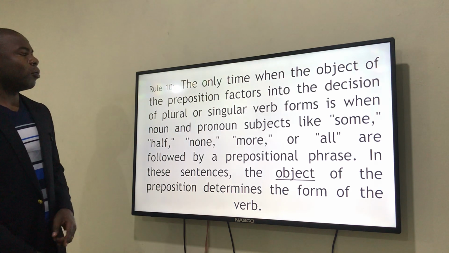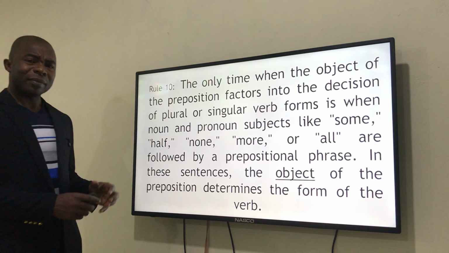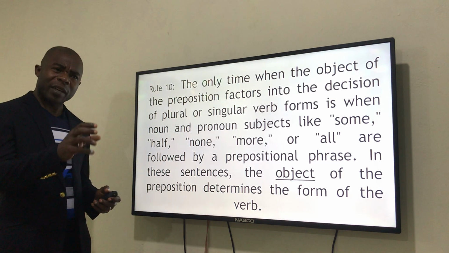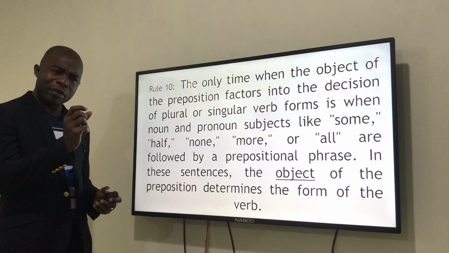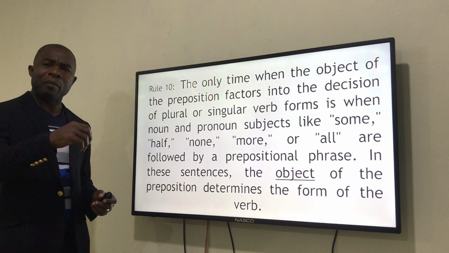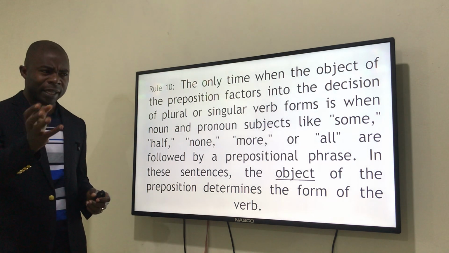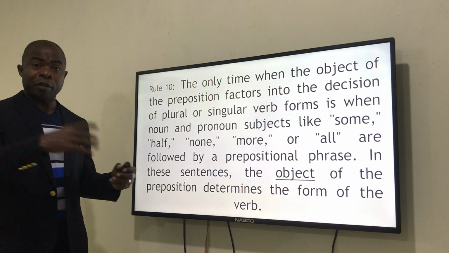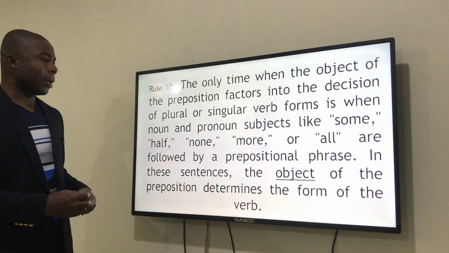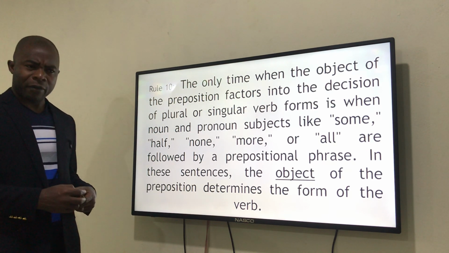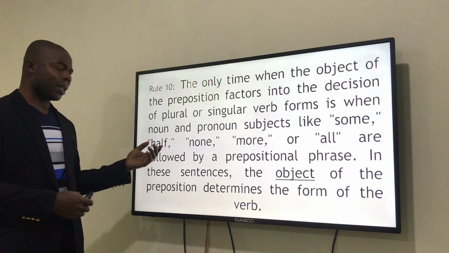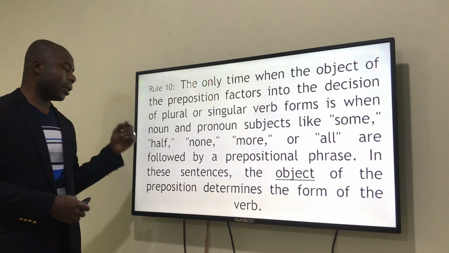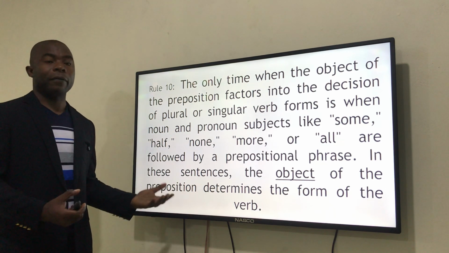So sometimes you see words like some. Is it some of a single thing or some of many things? Some can be of bread. It can be of children, isn't it? Then you can talk about half. Take note, the L is silent, it's pronounced half.